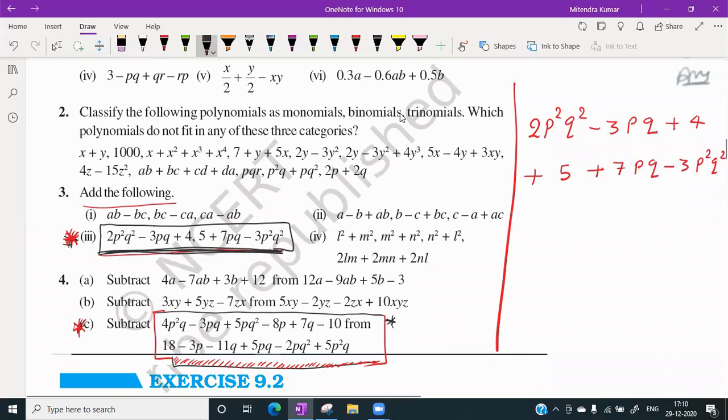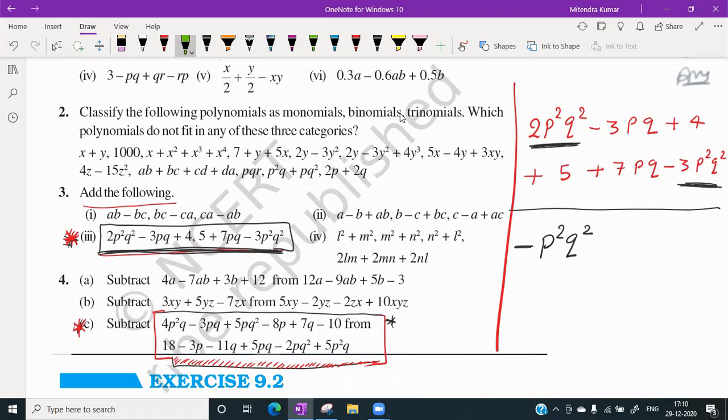Okay, so listen, everyone look here, you have to add these two. So I will start from here. I will look for the like terms, and does this have a brother anywhere? Yes, here. Then the final answer is minus p square q square plus 4pq plus 9.